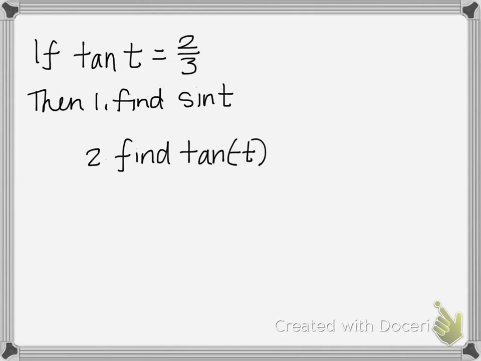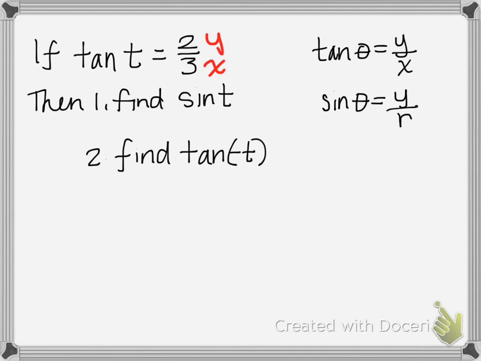So what we're going to use here is that tangent of theta is equal to y over x. So that means that 2 is going to be our y and 3 is going to be our x. And then sine of theta is equal to y over r.